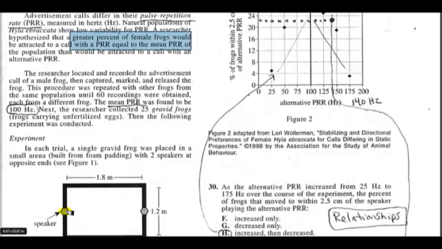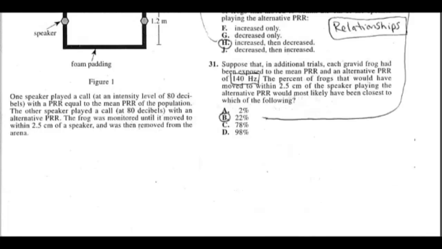And from the speaker is going to be a male frog calling out. And then the frogs are going to listen to the call. It's a mating call. And the female frogs will start hopping towards either speaker. If the call sounds attractive, they will hop closer to it. If they're not attracted to that call, they will not hop towards it. They will hop away from it, or they will just completely ignore it. So you know that the big picture is about basically mating calls with these different types of tree frogs.